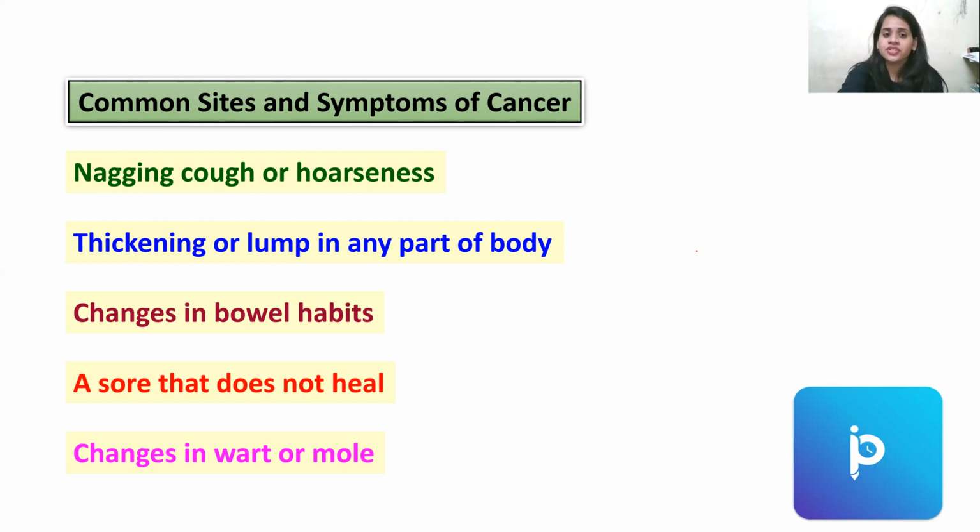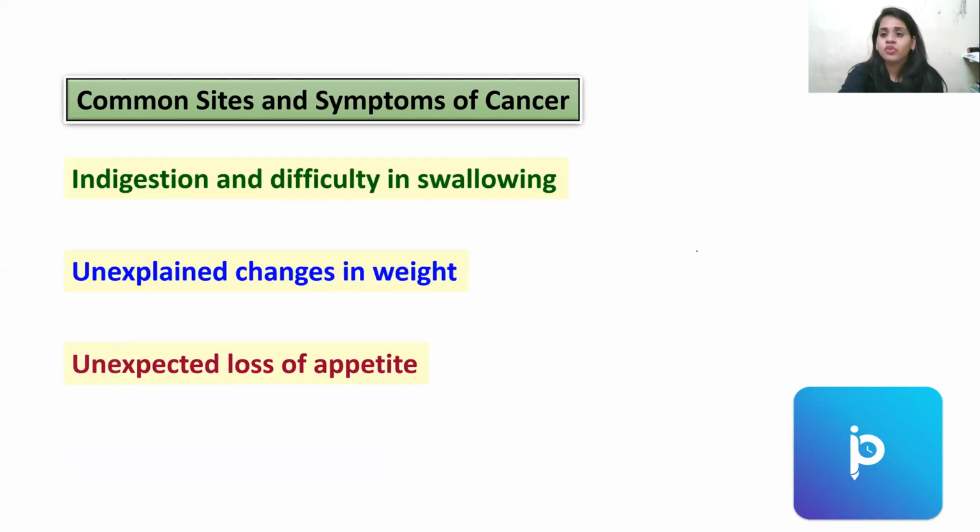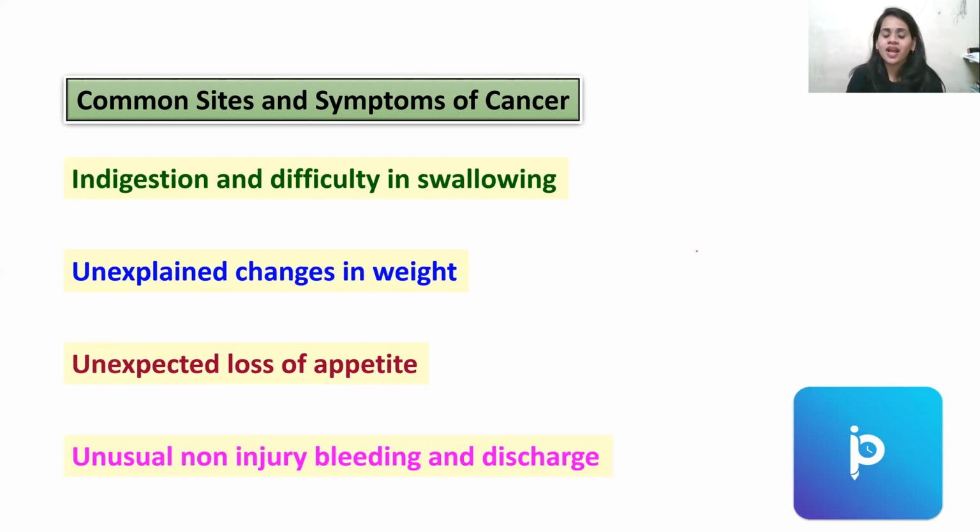Apart from that, indigestion, difficulty in swallowing, unexplained change in weight, unexpected loss of appetite, unusual non-injury bleeding, and discharge. See, these are very common symptoms which you can understand just by reading. So if a person is having more than 6-7 symptoms, there is a chance of the person getting cancer.